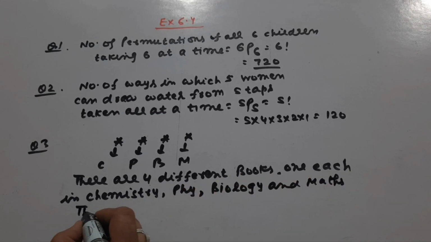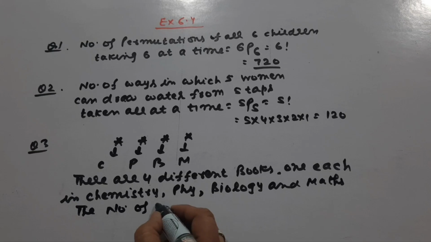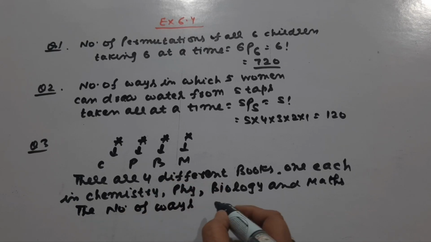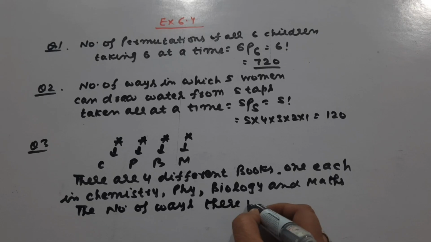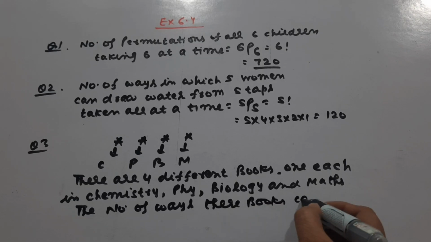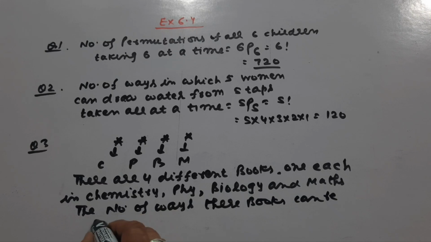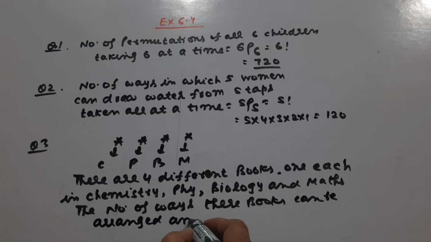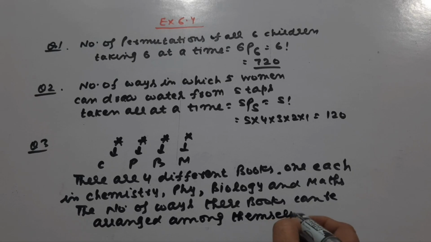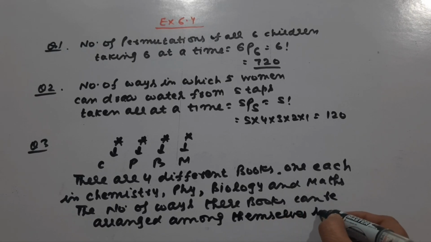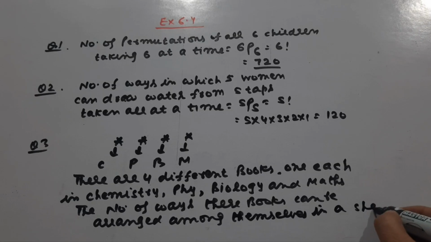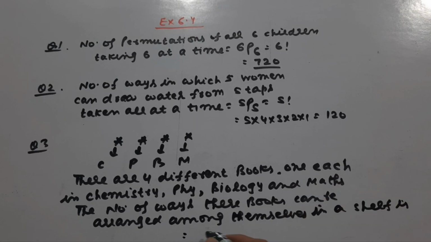The number of ways these books can be arranged among themselves in a shelf is, so 4P4, this is equal to 4 factorial, and 4 factorial is 24.